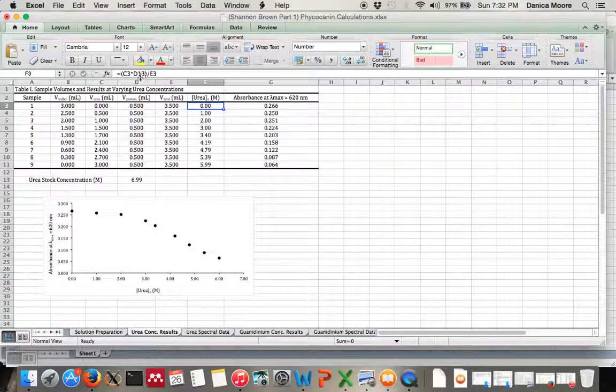So how did she do this calculation? Let's look at it. So she has this number times this number being divided by this number. This is basically M1V1 equals M2V2.